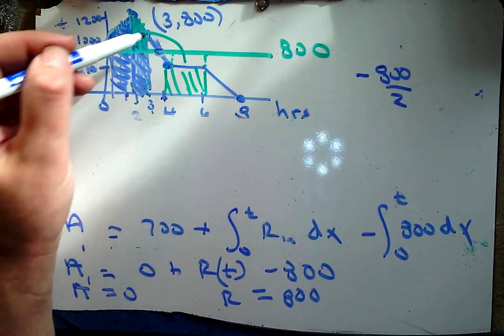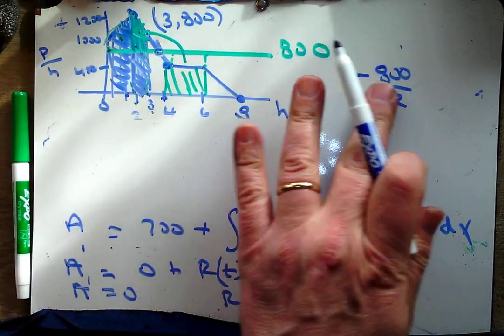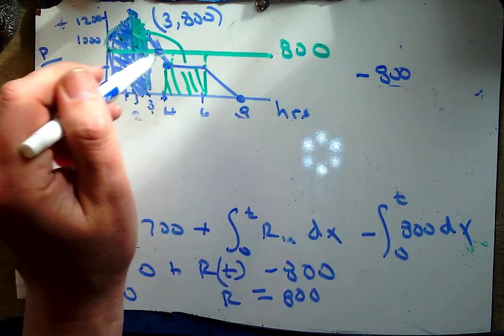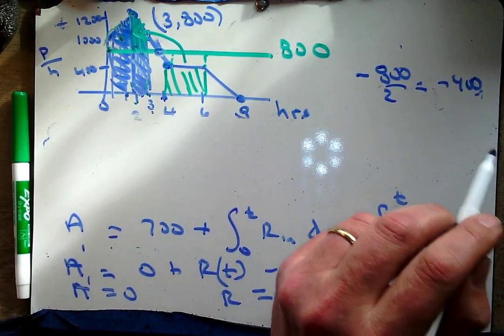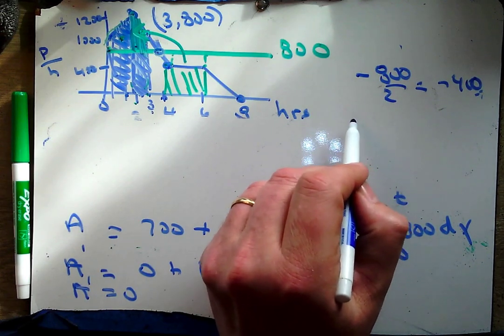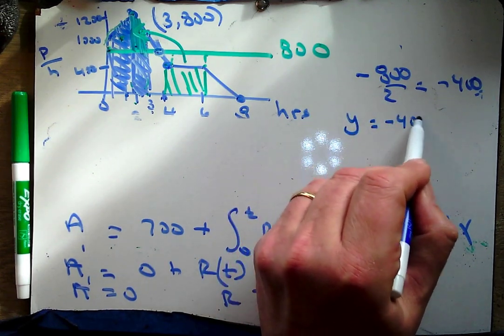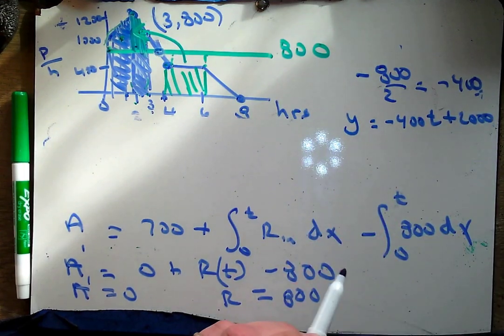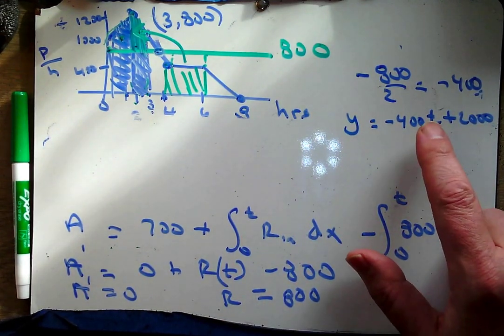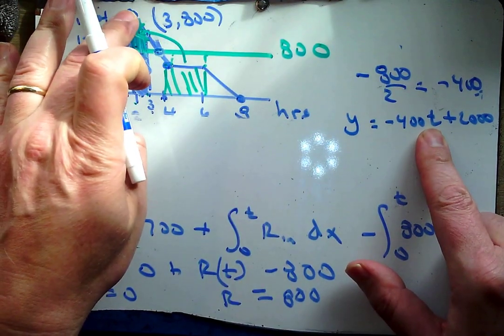Oh no, that was for finding this. We went down 800 and over 2, yes, that's minus 400 was our slope. And we said y equals negative 400t plus 2000. Okay, and so if we plug a 2 in here, that's going to give us like 1200.